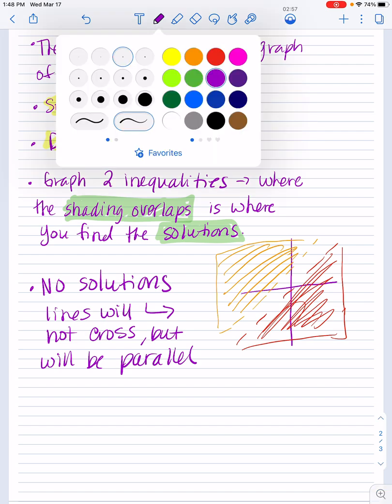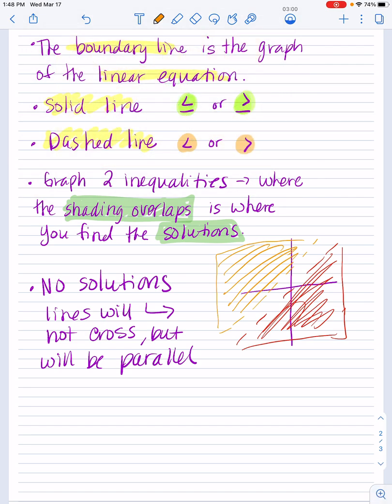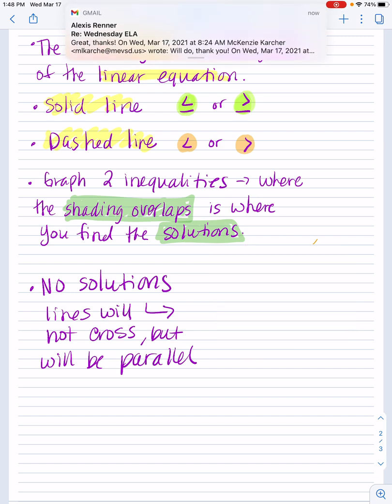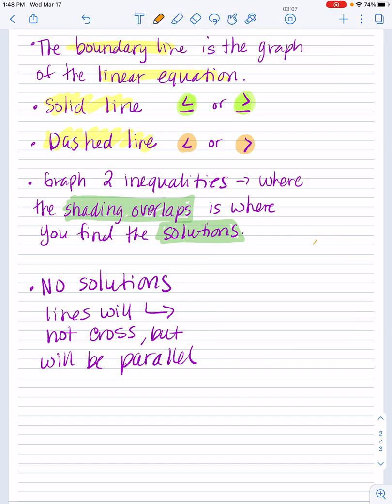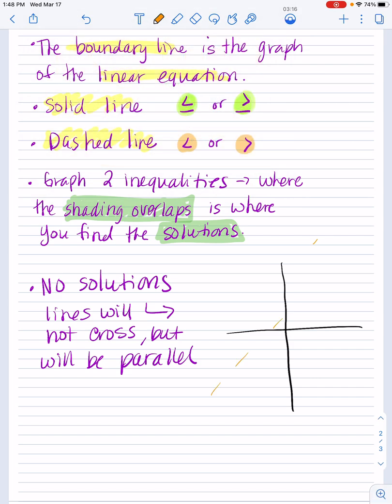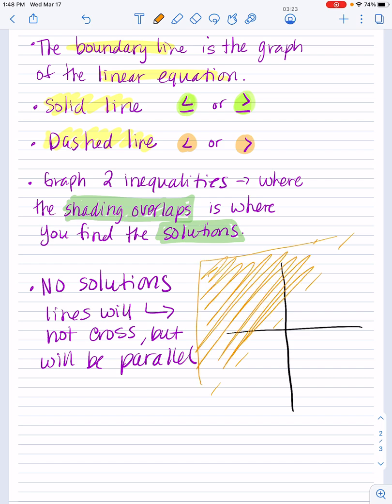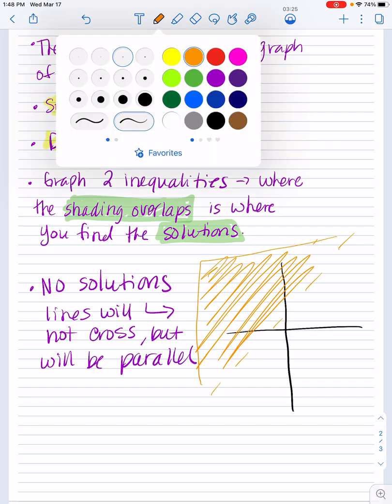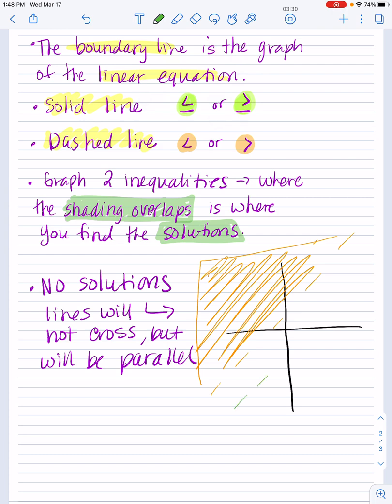You will see graphs that look like this. Let me redraw it because that is a really bad drawing. So if I draw a graph here, this is my pretend plane, and I have a dashed line going this way, and we'll say that this top left part of the graph is shaded in, and then my other inequality is down here.